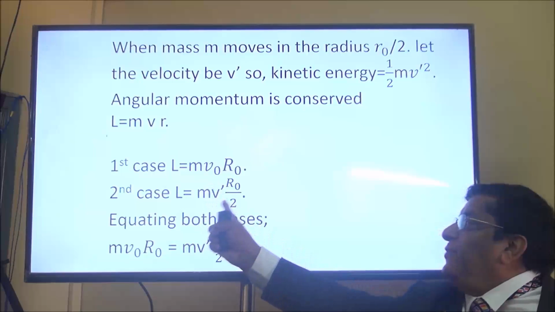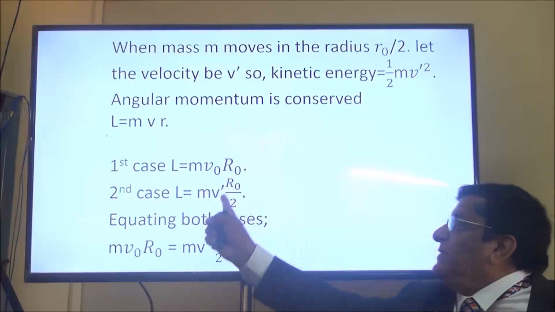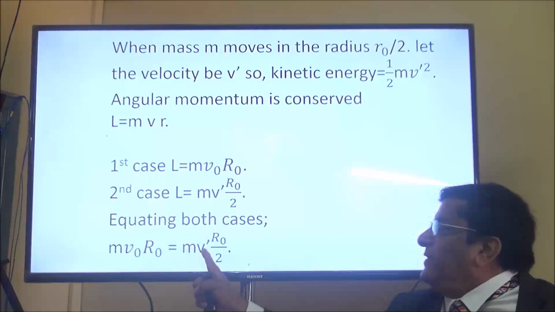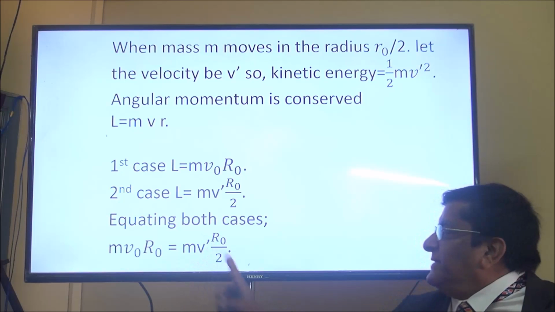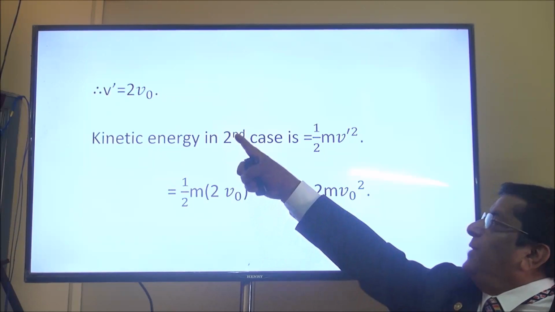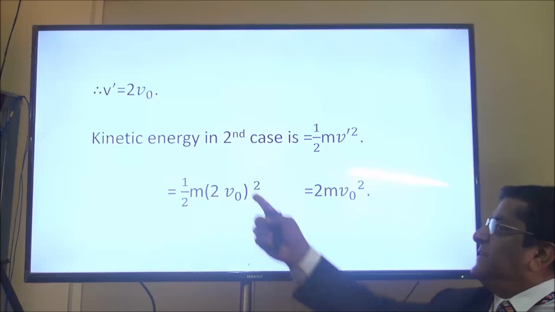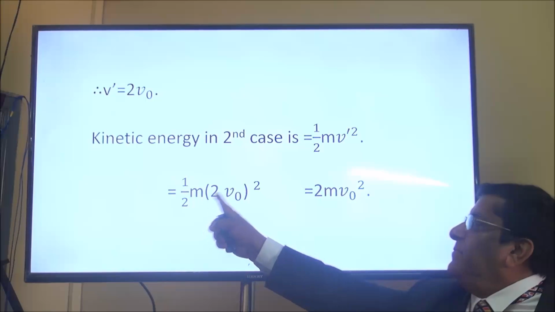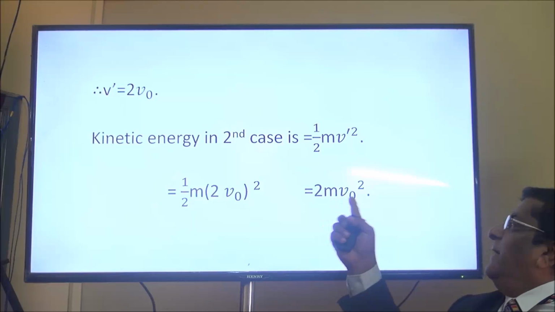So we find the value of the new velocity, equating both. M is cancelled and r0 is cancelled, and we get the value of v dash, which comes to be 2v0. Now we find the energy once again, that is half m velocity square, and it comes to 2 mv0 square.